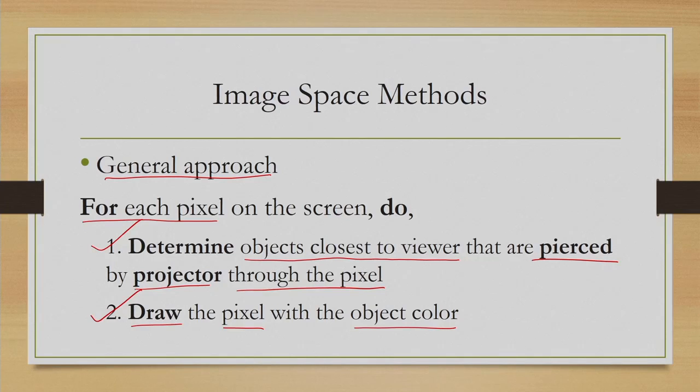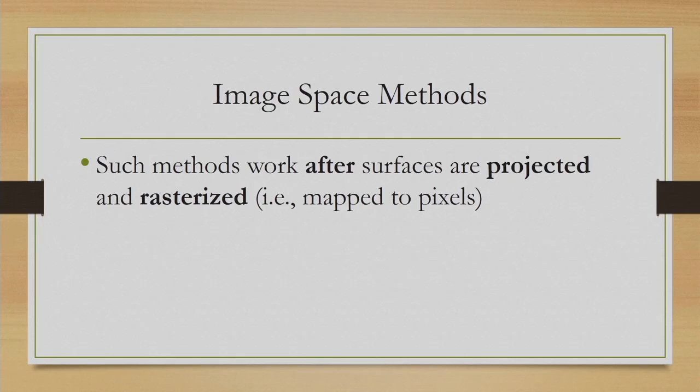So, to compare earlier what we were doing, earlier we were doing it for each surface, here we are doing it for each pixel. Clearly, the methods work after surfaces are projected and rasterized, that means mapped to pixel grid, unlike the previous case where we were in the 3D domain.